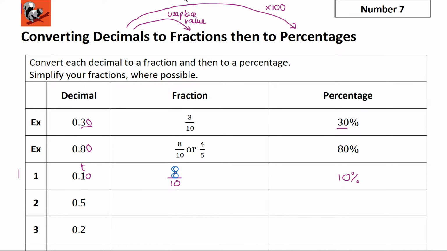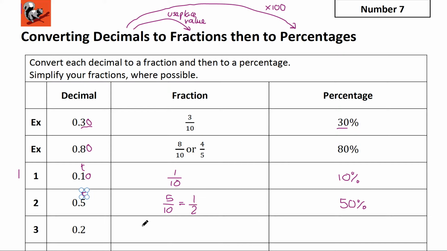Okay, on number 2 we've got 5 in the tenths column, so that's 5/10 as a fraction, but we can divide both of those numbers by 5 and get 1/2. And if we multiply it by 100, that would be 50%.